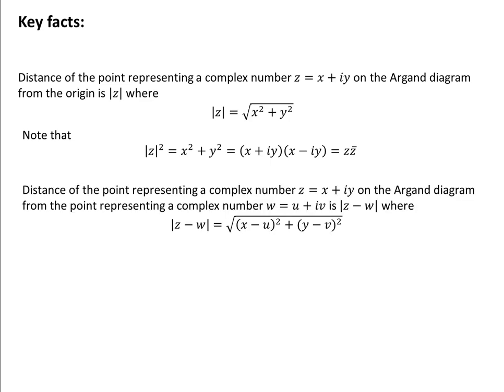We know from Further Maths 1 that the modulus of z minus w represents the distance of the point representing z on the Argand diagram from the point representing w on the Argand diagram.